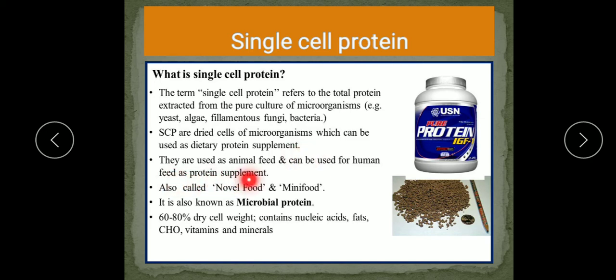They are used as animal feed and can be used for human food as a protein supplement, also called novel food or mini food. It is also known as microbial protein because we are getting it from microorganisms. 60 to 80% of the dry cell weight is protein, and it also contains nucleic acid, fats, carbohydrates, vitamins and minerals.